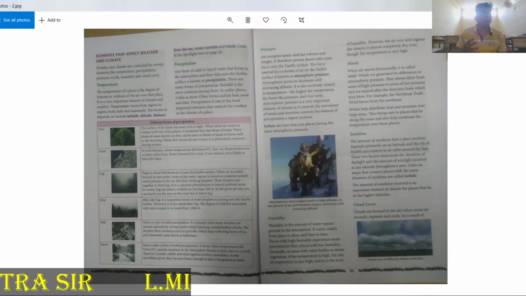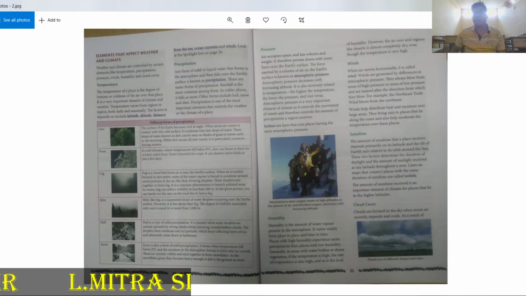The people living in the tropical and subtropical areas experience rainfall, because in these areas precipitation occurs in the liquid form. Other forms are hail, snow and sleet. So precipitation is one of the most important factors that also controls the weather or the climate of that area.